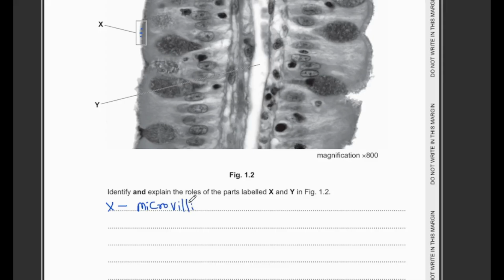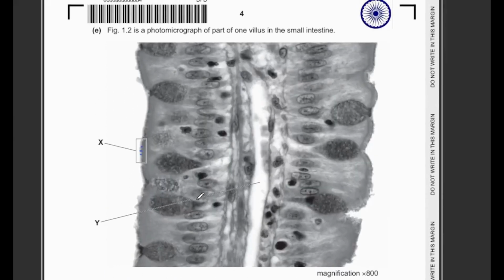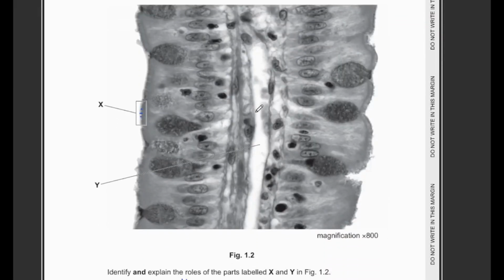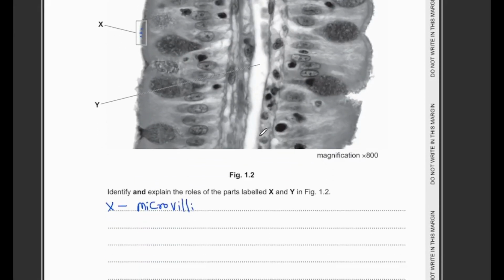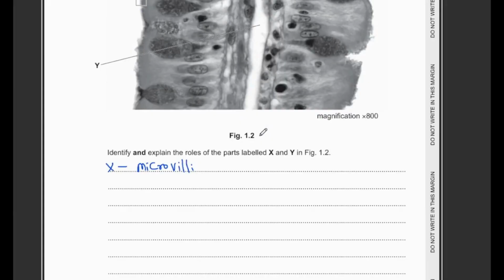Okay, and what's Y here? Y is something which is in the center. And we know that the center part of the small villi is helpful for absorption of fat molecules. So that must be a lacteal. You have to imagine the images which are there in the textbook also.